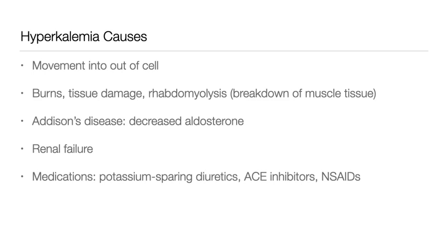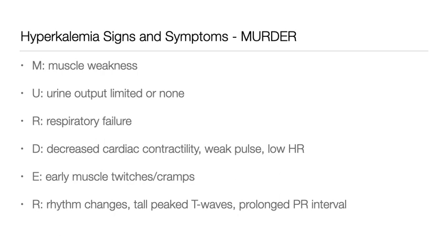It can be seen with Addison's disease. Renal failure is a very common one because you can't excrete the potassium. Also potassium sparing diuretics, ACE inhibitors, and NSAIDs.